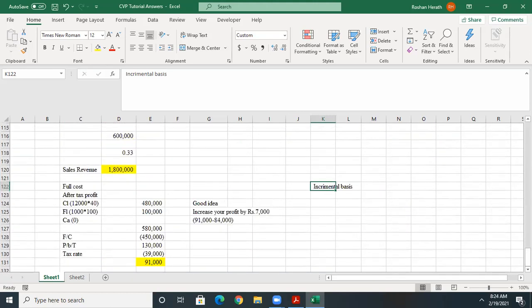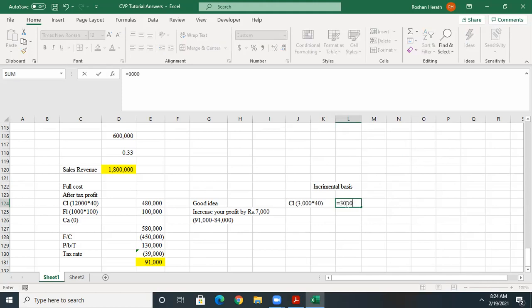Now it's 12,000. So if you take the product cleaning, units have increased by 3,000. So the increase in contribution is going to be 3,000 into 40.